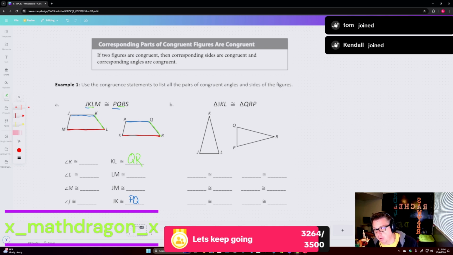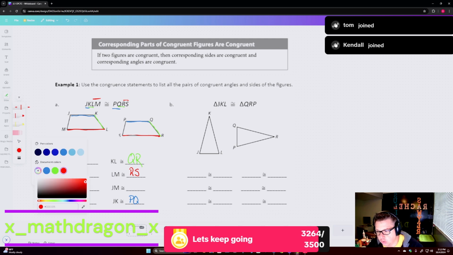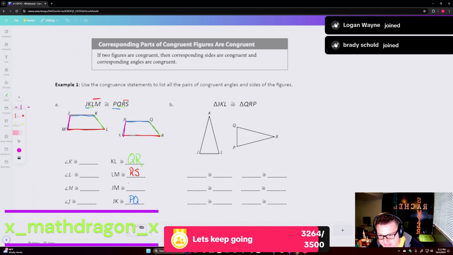So we're going to go from here to here. So we better go R to S. Or you could look R to S, L to M. Okay? You will always be able to connect those pieces together. So the last one that they show, and it's a good way to get different colors for me, is J to M. So J to M is going to be P to S.